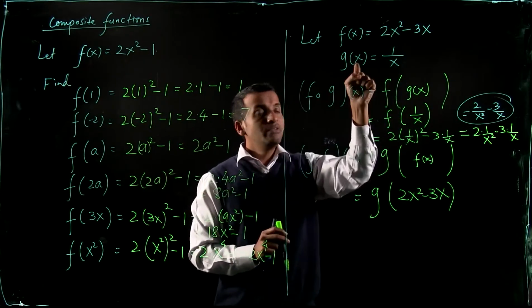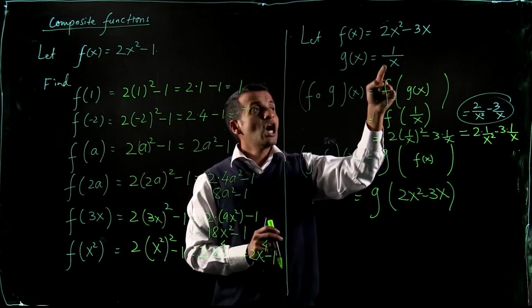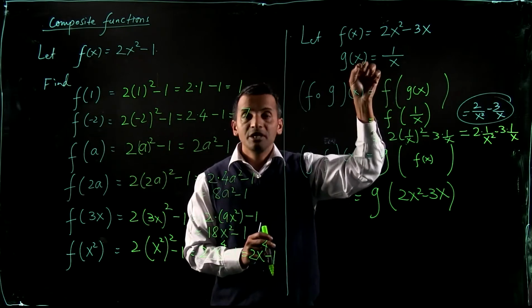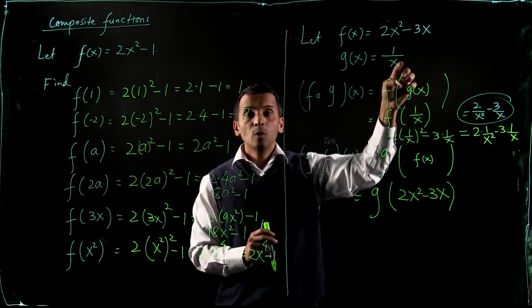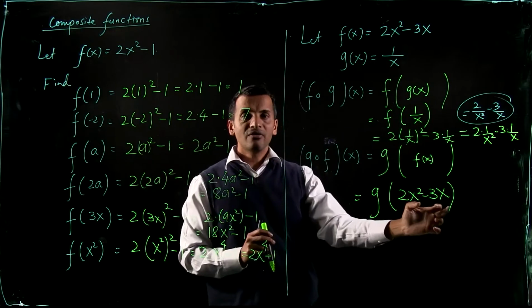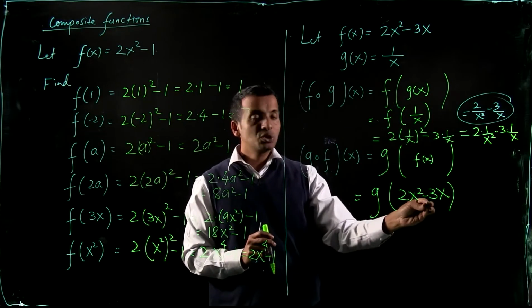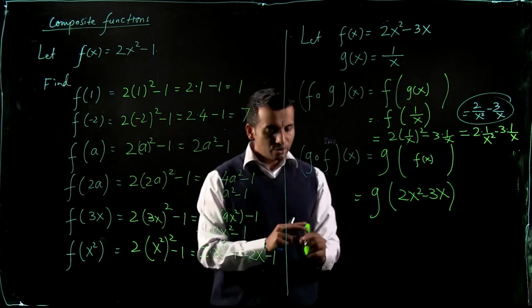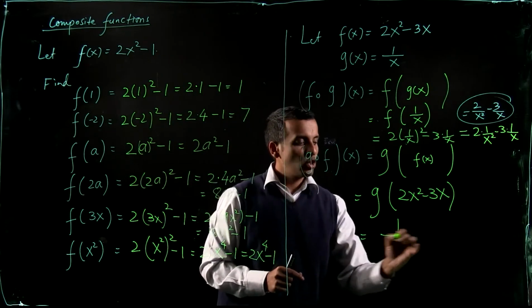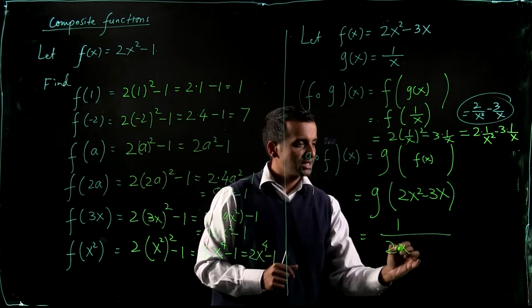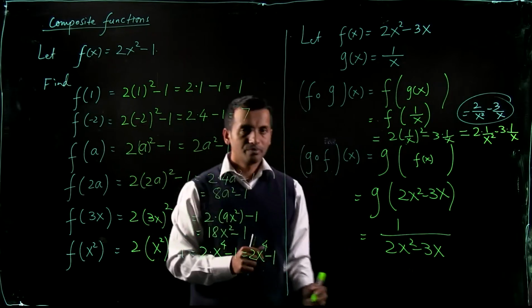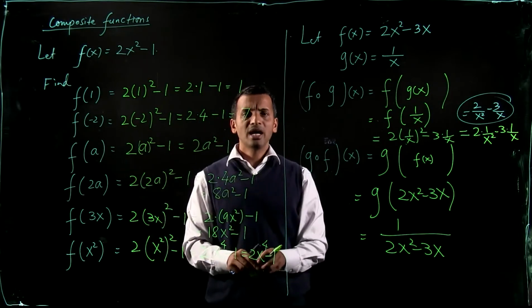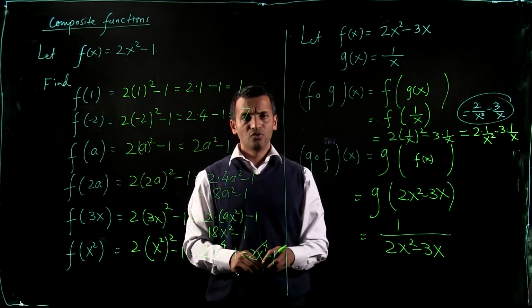So for g, if the input is x, then the output is 1 over whatever input you had. So 1 over the input. But here the function g has input 2x squared minus 3x. So what should the output be? It should be 1 over the input, right? So 1 over (2x squared minus 3x). That's it. So this is how we find the composition of the two functions.